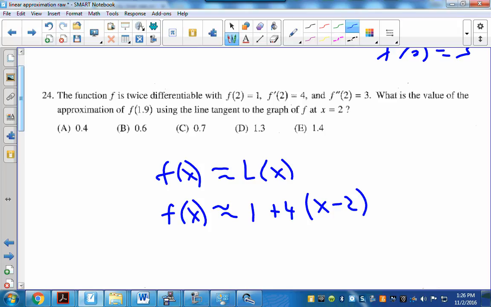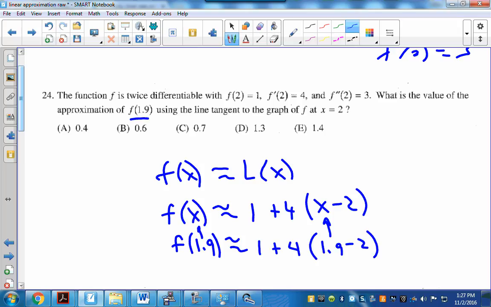And they want f of 1.9. F of 1.9 is approximately, figure it out. Put 1.9 in there, here, and here. Just put 1.9 right there. Okay? It's got to be one of these answers. F of 1.9. So 1 plus 4 times 1.9, take away 2.